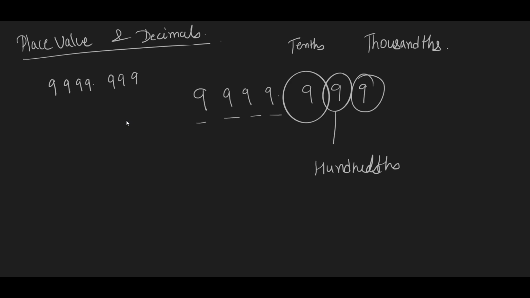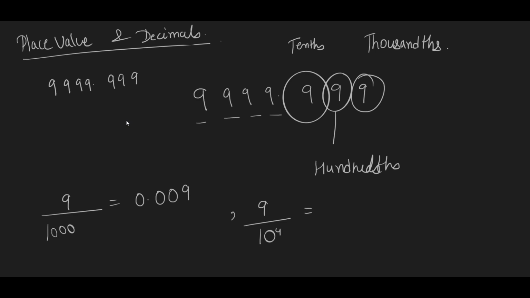Suppose you have a number, for example 9 upon 1000. So it will be 0.009. 3 zeros, 3 digits after the decimal. Suppose you have 9 upon 10 to the power 4.